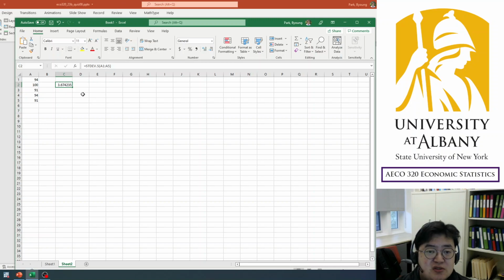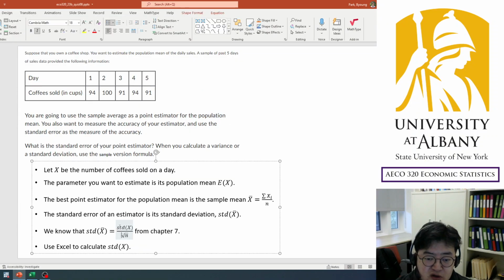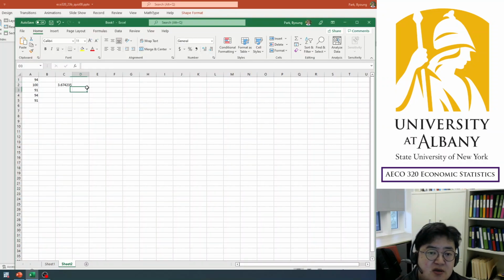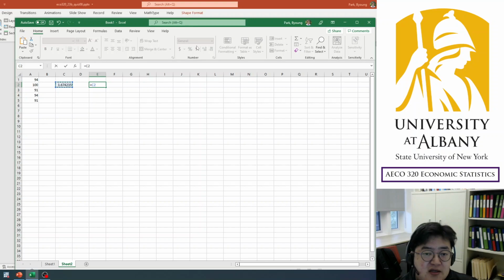So also you need, by the way, this is only the numerator. I just calculated this part, the standard deviation of single outcomes, right? But what you want is the whole thing. So you need to divide this number by the square root of 5. The sample size is 5, so you have to do it this way.